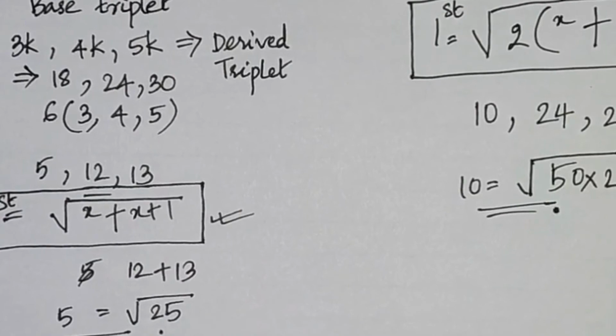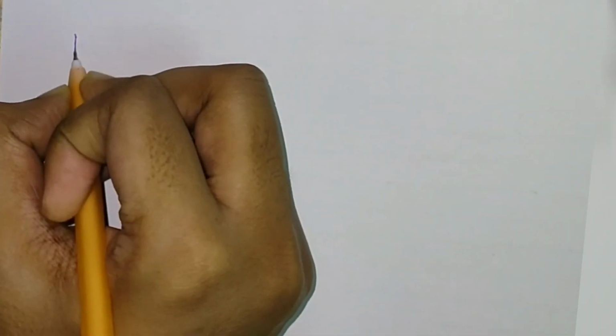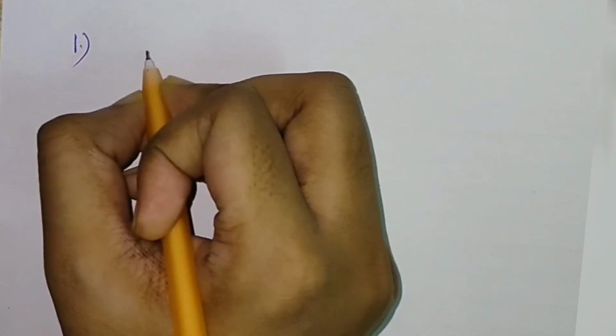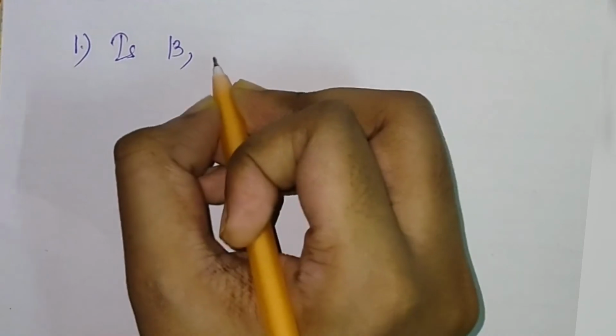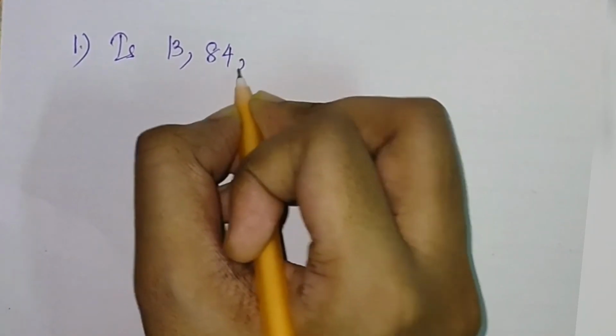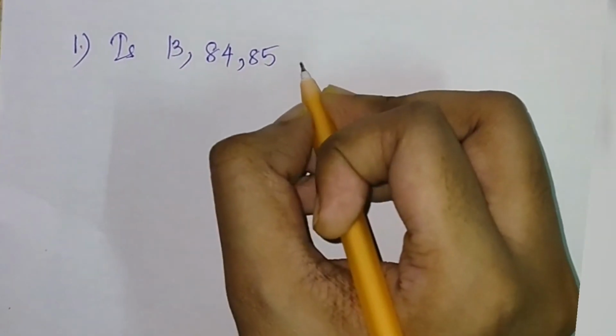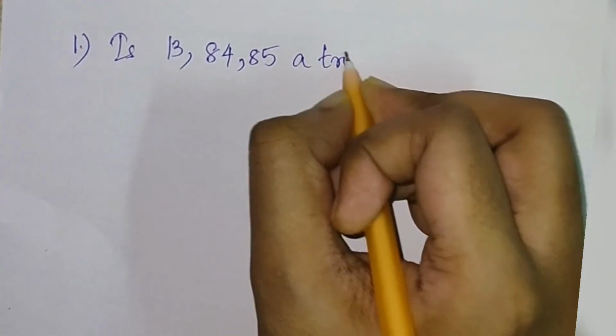Okay, let's take the first question. Is 13, 84 and 85 a Pythagorean triplet?